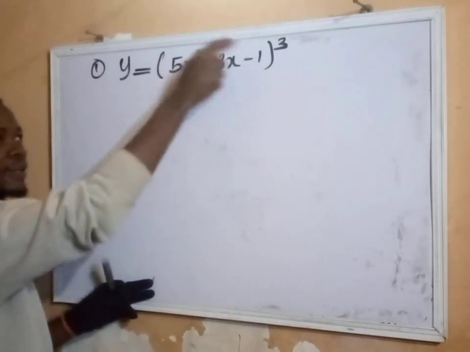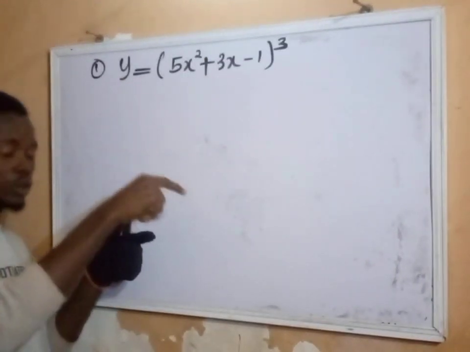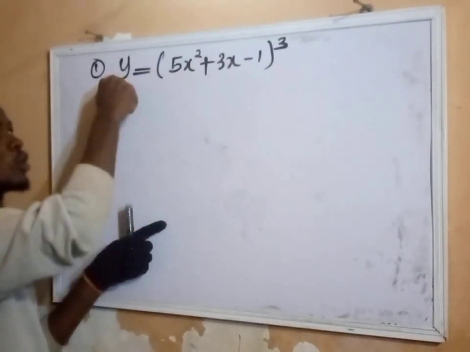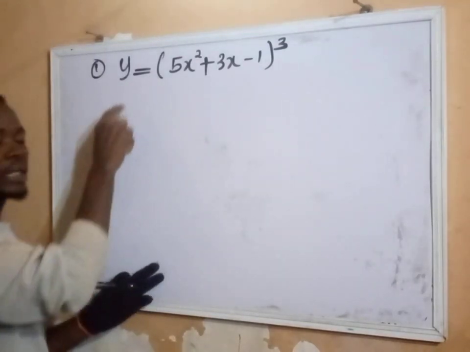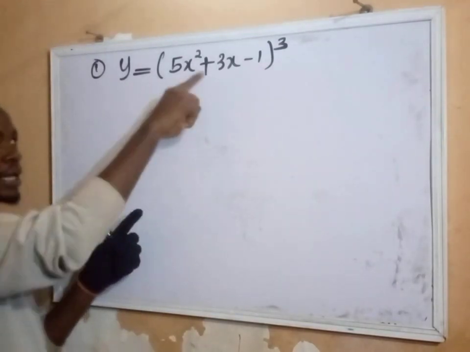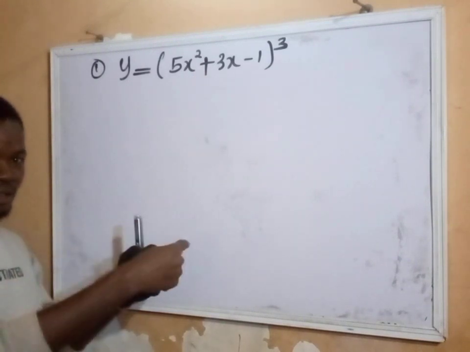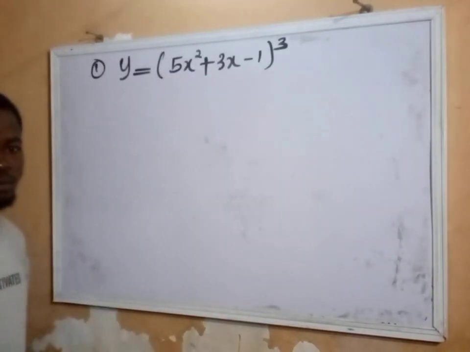Remember, y is dependent, x here is independent. So we are now going to choose another dependent variable, which will depend on x.